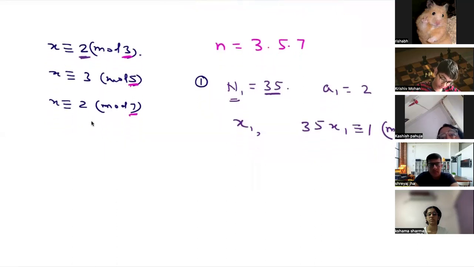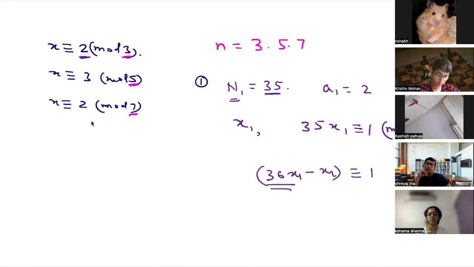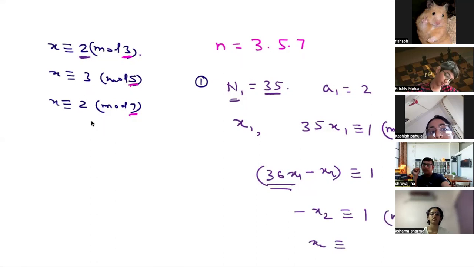So how to find this X1? Obviously, we can write this as 36 X1 minus X1 congruent to 1, and this 36 X1 is divisible by 3. So you are getting minus X1 congruent to 1 mod 3. So X1 is congruent to minus 1 mod 3.